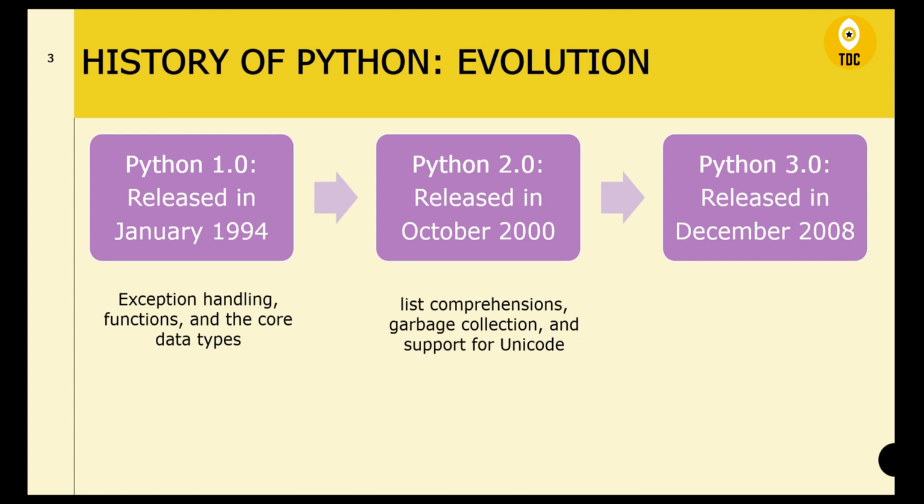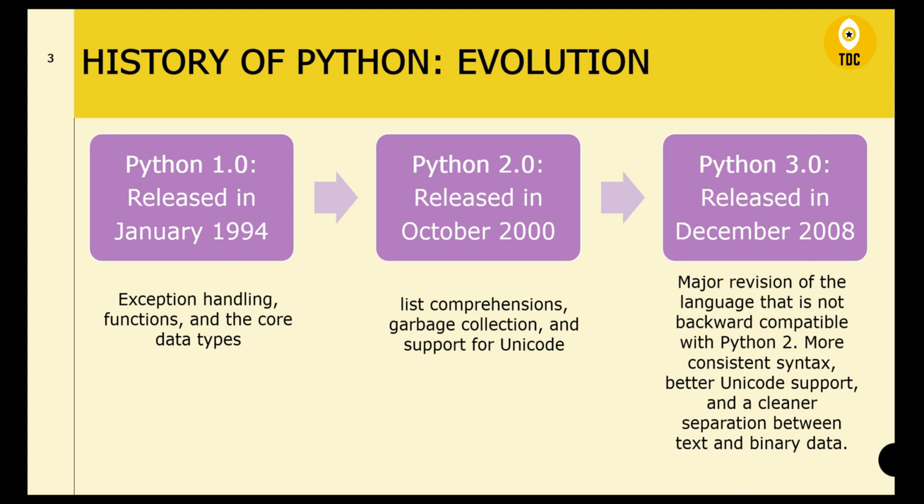But from the Python 3.0 series, right? That was released in December 2008, and Python 3 was a major revision of the programming language that is actually not backward compatible with Python 2. That means it might not have all the features.